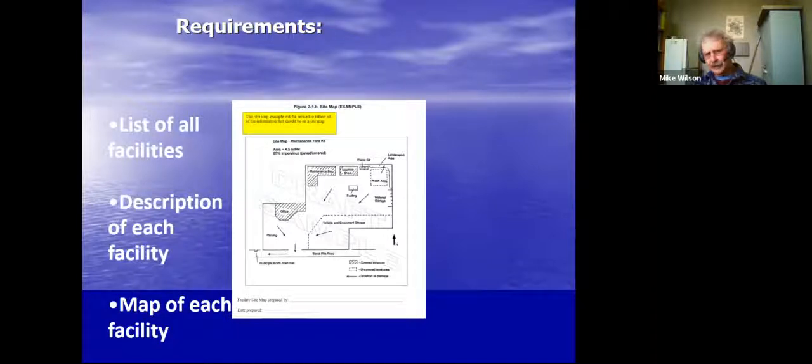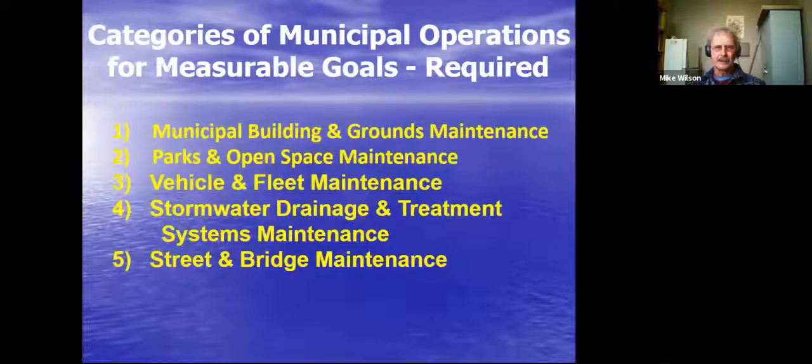One of the things you need to do is list all your facilities, provide a description of each facility, and a map of each facility. And of course, note the stormwater hazards on those facilities. There's certain requirements of the municipal operations in terms of measurable goals.